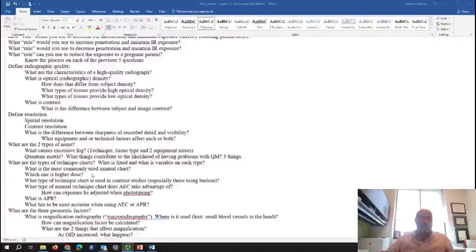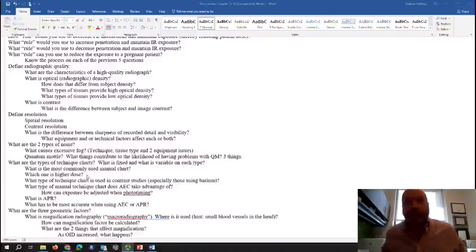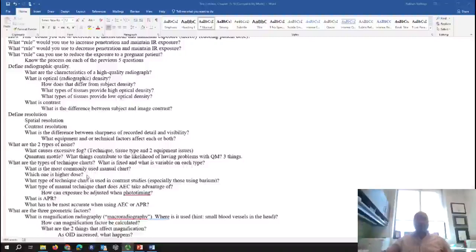Generally comes with a lower dose than the high KVP because the high KVP gets us to a threshold penetration, and then we adjust our mass. So it's an inherently lower KVP with a fixed KVP chart, and that unfortunately gives us a higher dose.